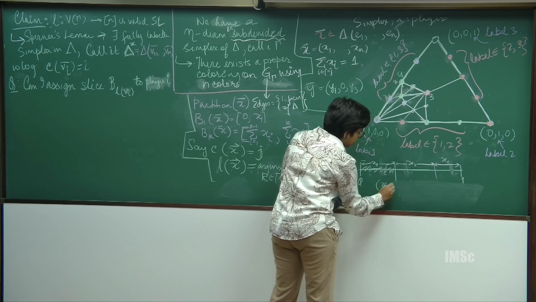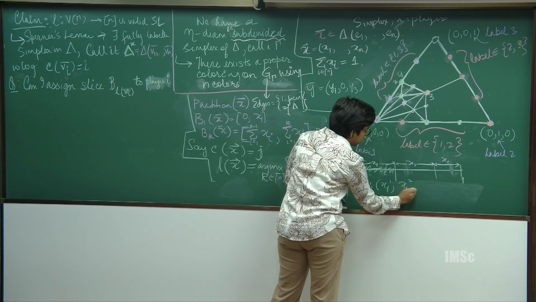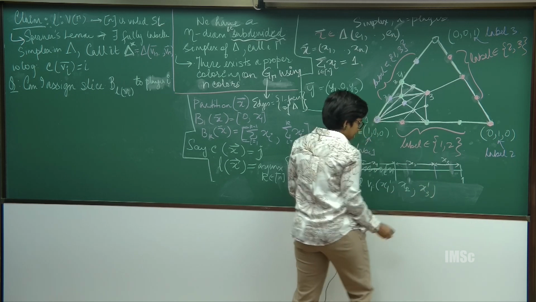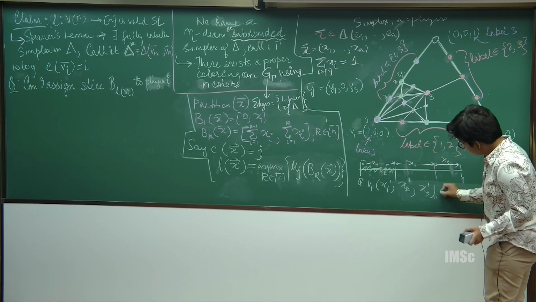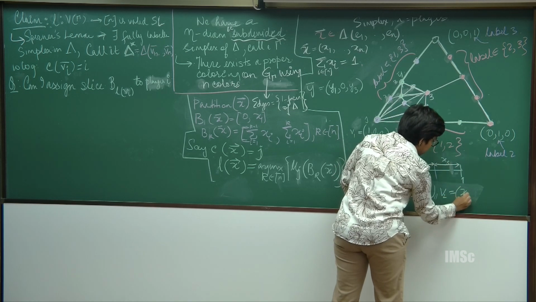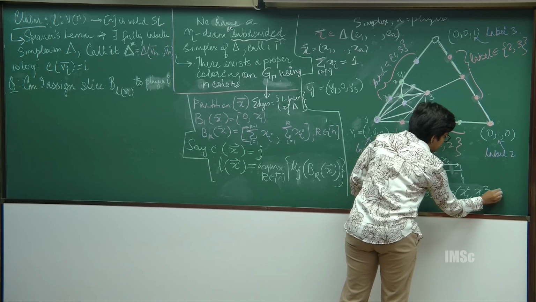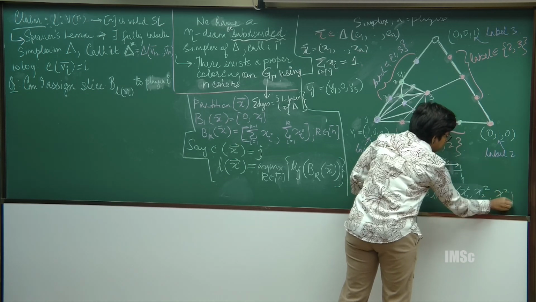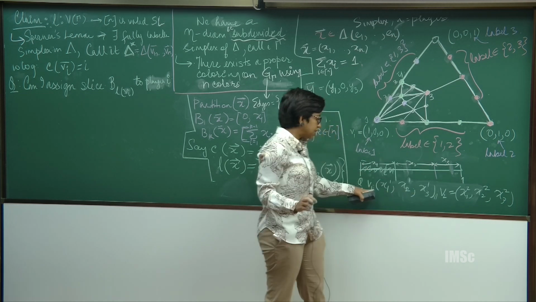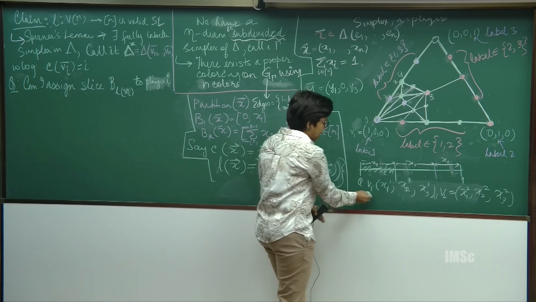Okay, let x of V1 be x1 2, this is the coordinate, and V2 is x. I have just written the coordinates. Suppose V1 does have color 1, by our assumption.